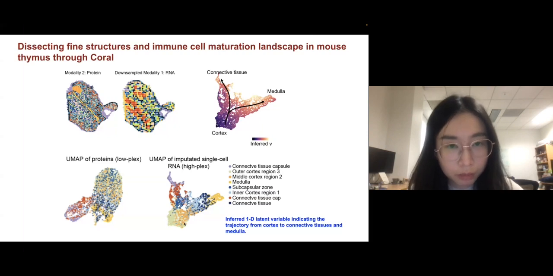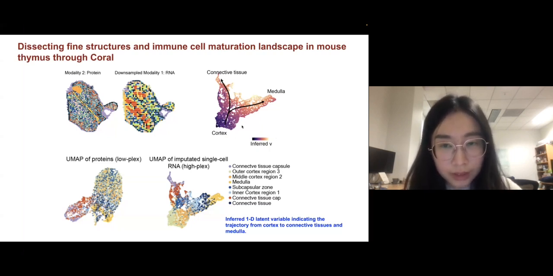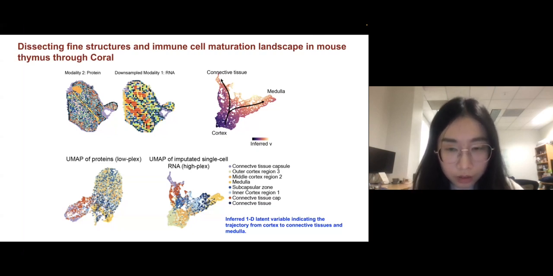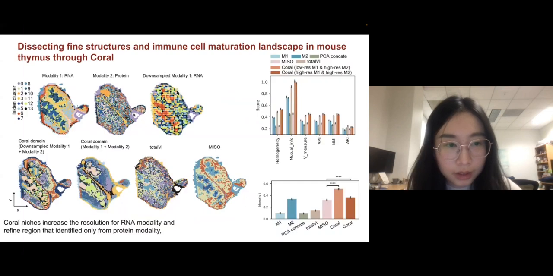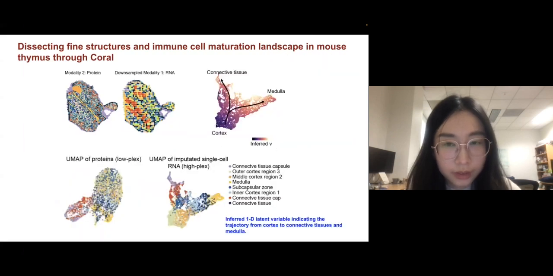Here we focus on the downsampled modality, and we see we are able to get a much cleaner version of the cell types clustering by themselves. If you look at the inferred V, we actually see a trinity from the cortex, and then two separate directions. One is the connective tissue and the other is the medulla. This relates to going from the cortex to the medulla or outward to the connective tissue.